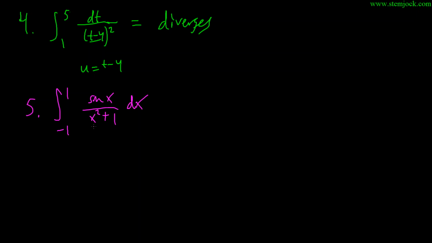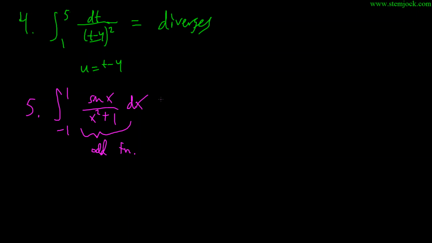There are two things. One is that if you replace x with negative x, we get the same integrand but with a minus sign. So the integrand is an odd function. And the limits of integration are symmetric about 0, meaning we have a negative number, and the upper limit is positive that number.